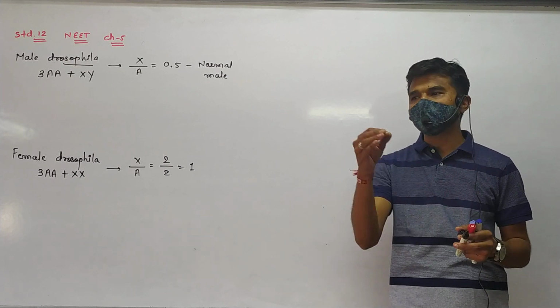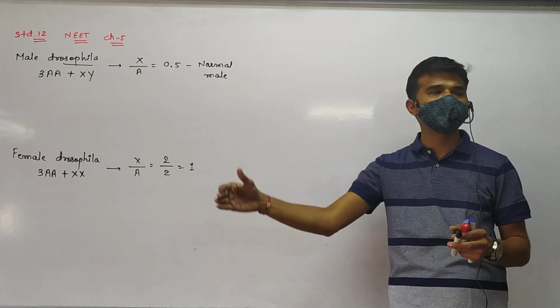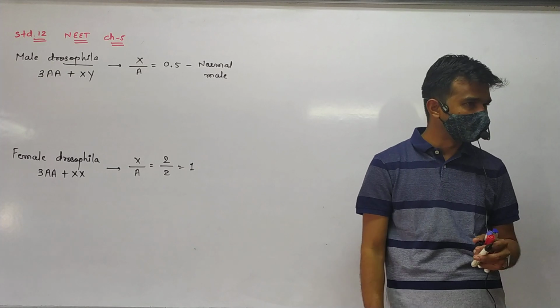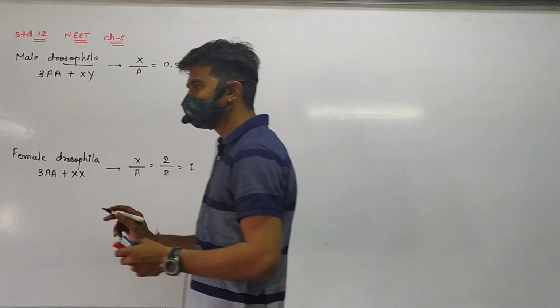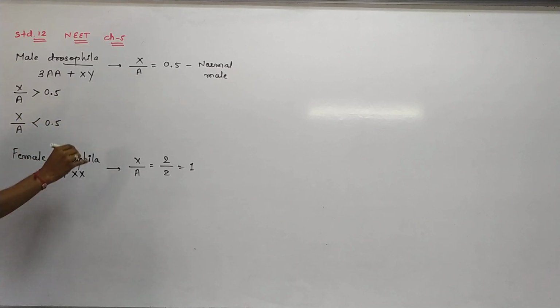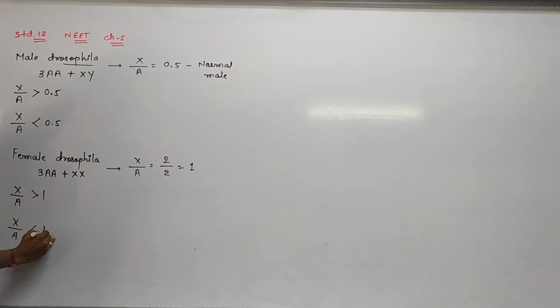The triploid female is crossed with a diploid male, and different offspring are formed. So now here the X upon A ratio is greater than 0.5, X upon A ratio is less than 0.5, and here X upon A ratio is greater than 1 and X upon A ratio is less than 1.